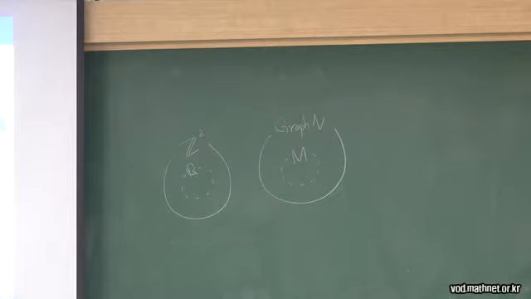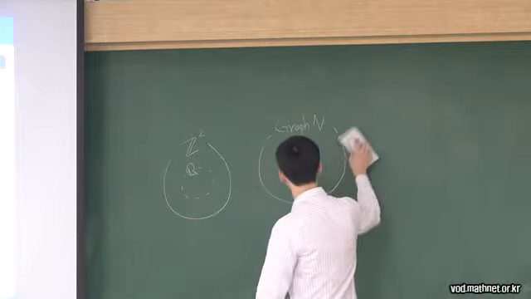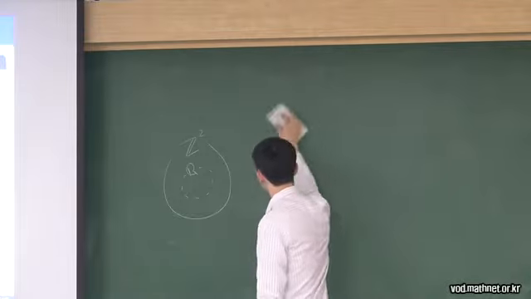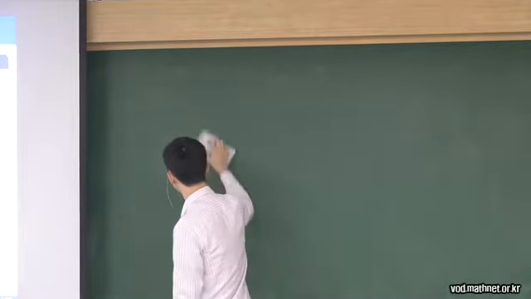So let's see how this is possible. I will write down a sketch of the proof. I think this would be the most interesting theorem for the graph theorist, maybe.